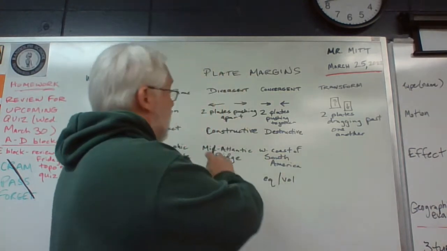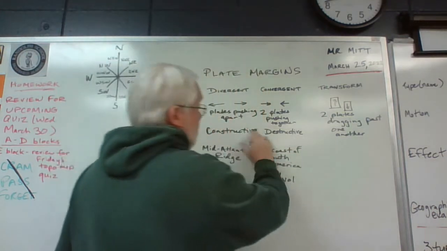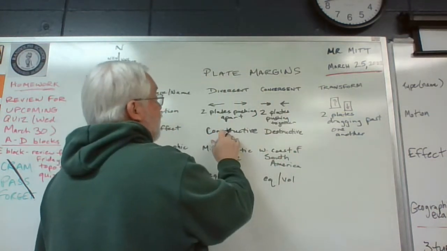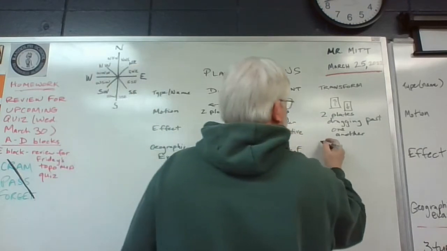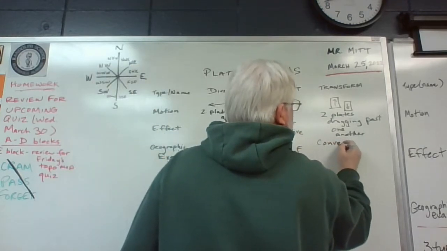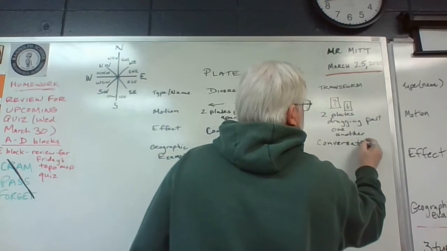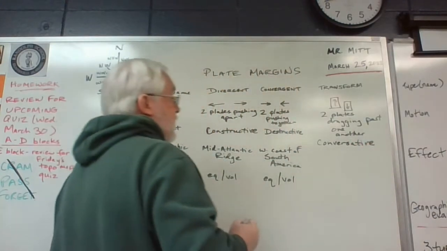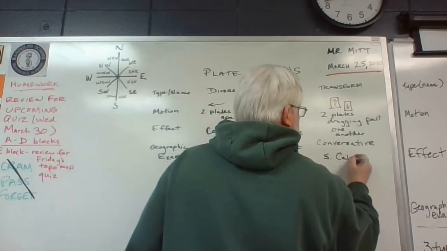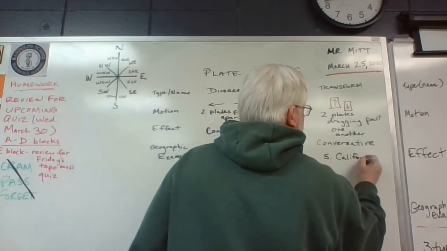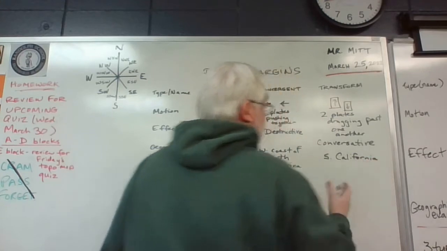And so this is not constructive. It's not destructive. We're not producing new crust. We're not destroying crust. This is what's called a conservative margin. And our example of this is simply Southern California. That one's a little bit close to home.